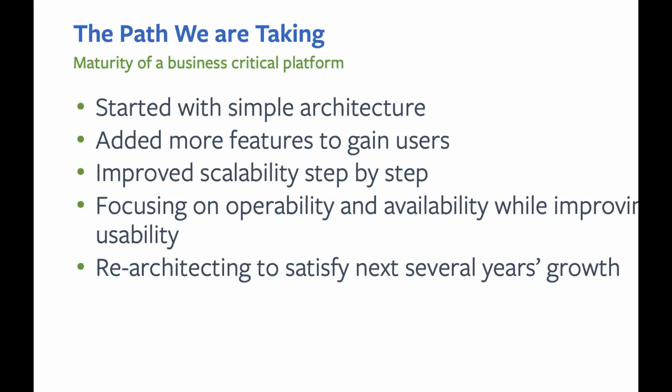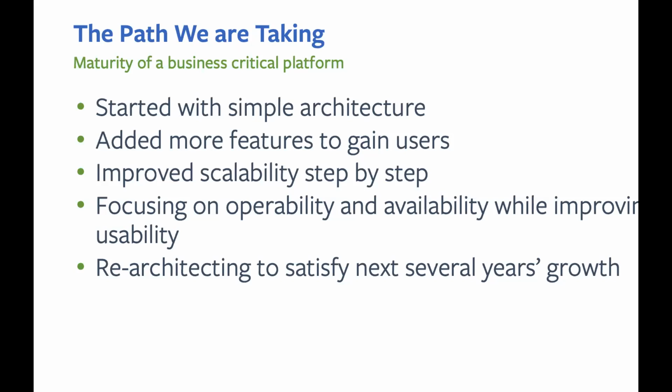And then we are switching the focus to operability and availability because the system has become more critical compared to when it started. Now this is a major platform used in Facebook for big data analytics. That's why we're switching the focus to operability and availability, while also improving usability, as I mentioned before.